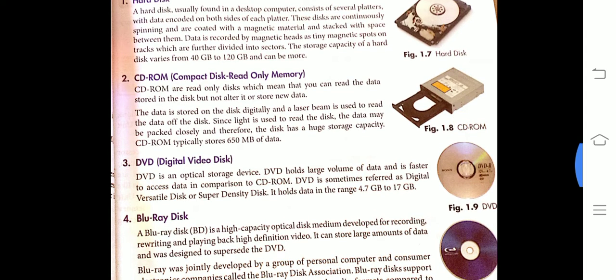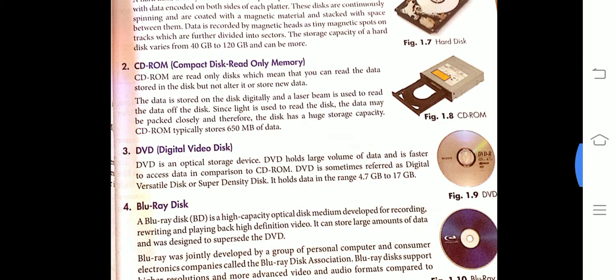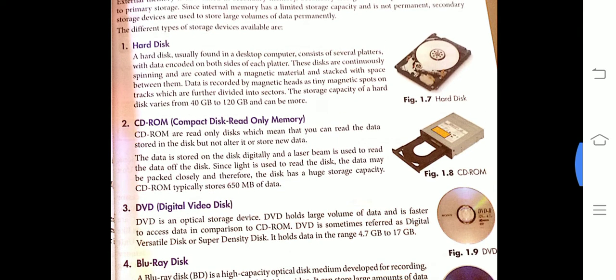Data is recorded by magnetic heads as tiny magnetic spots on tracks, which are further divided into sectors. So in a hard disk there are plates which we call platters, and each is divided into different sectors. These storage areas can vary from 40 GB to 120 GB.